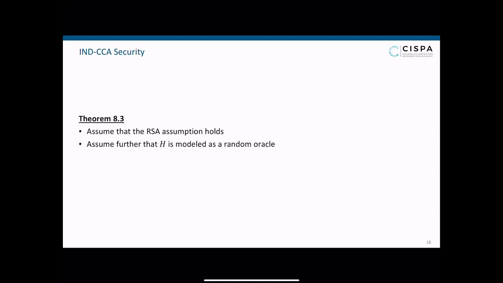Applied cryptographers love this model because it allows for really efficient constructions like this one here, and for not too complicated security proofs. But as I've told you, theoretical cryptographers have a somewhat uneasy relationship with this random oracle model. But for now, let's just assume we have a random oracle. Then the KeyGen, Encaps and Decaps algorithms I've just defined to you form an IND-CCA secure key encapsulation mechanism.